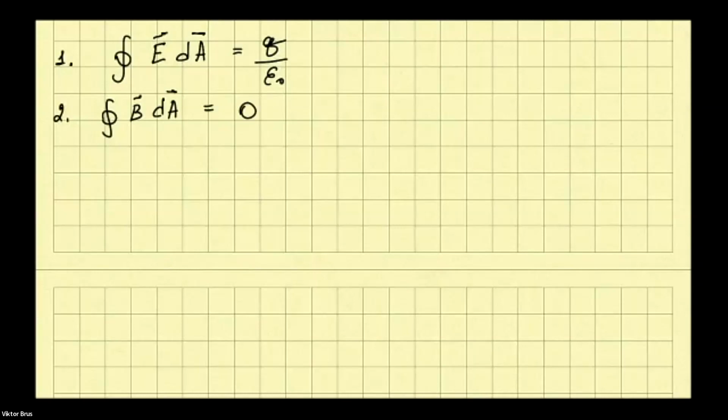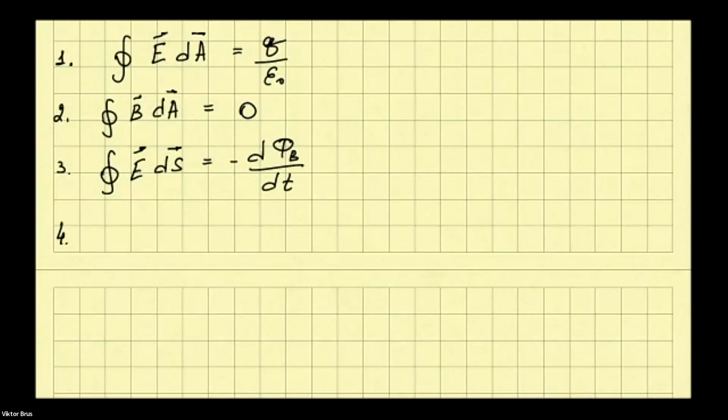Then equation number 3, the integral over a closed path of E vector times ds vector equal to minus d Phi_B over dt.